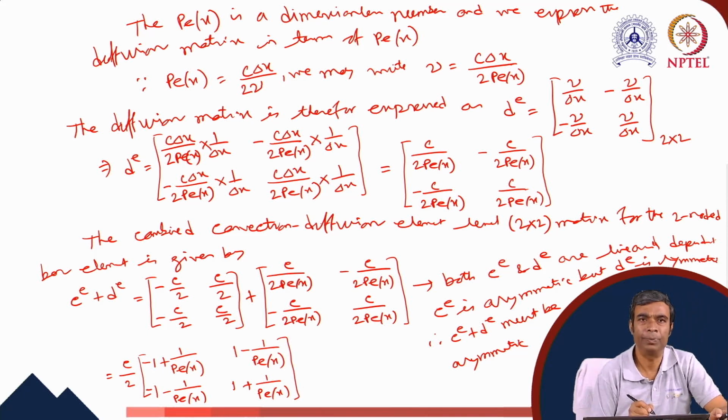So we have got the element level convection diffusion matrix in terms of the non-dimensional number, the controlling parameter, which is the cell Peclet number.